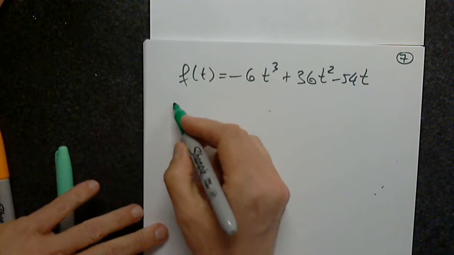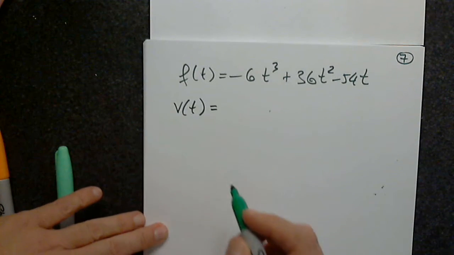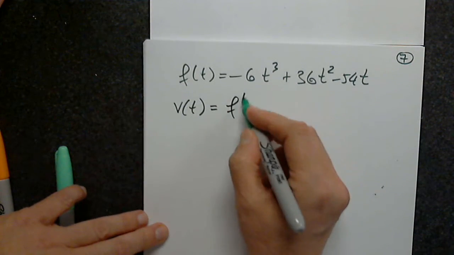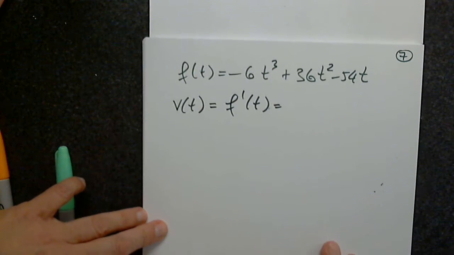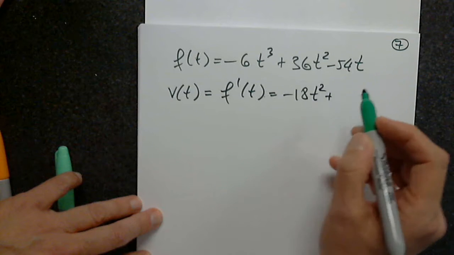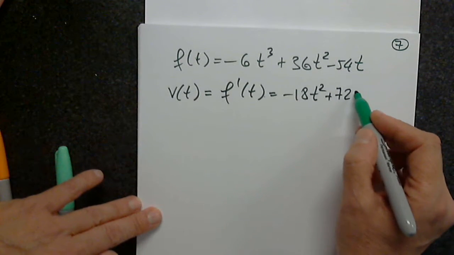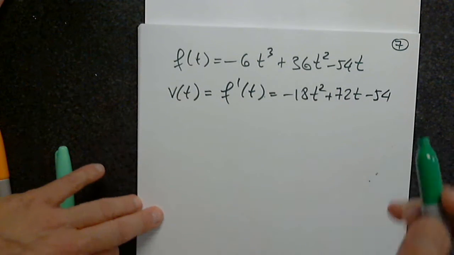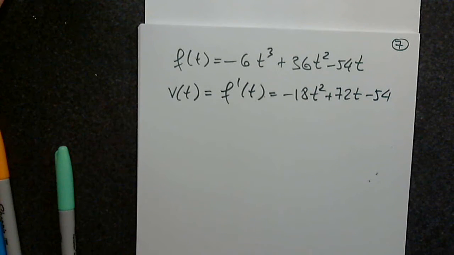Can anyone give us the idea? How do I find the velocity? Yes. So f prime of t, can anyone give us the function? Negative 18 t squared plus 72t minus 54, very good. That's the answer to the first part.